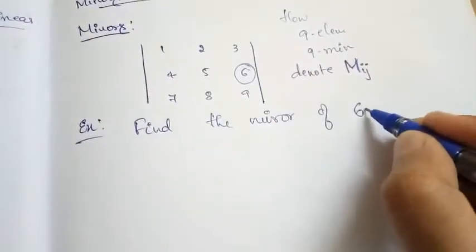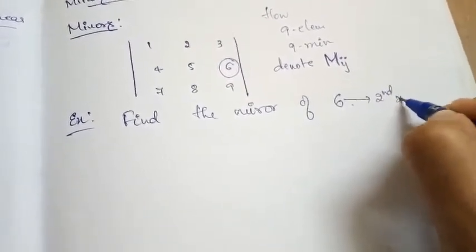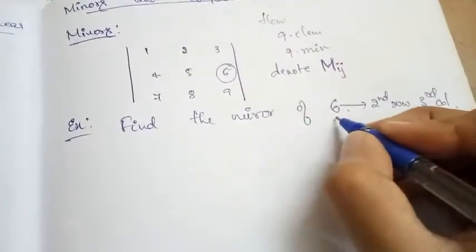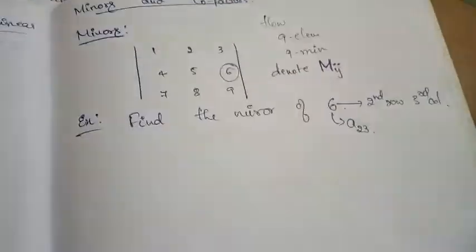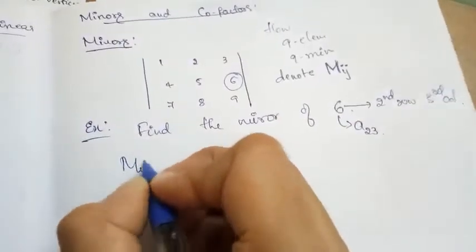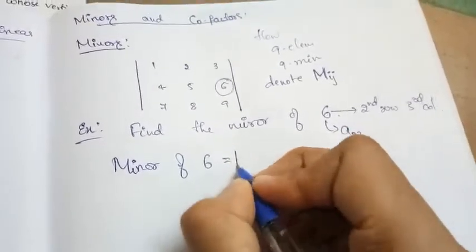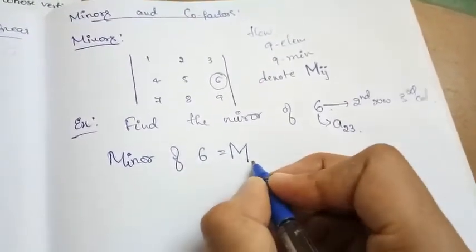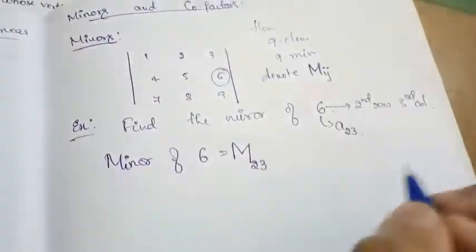This 6 is lying in the second row, third column. That is, 6 is our A23 element. So the minor of 6 is denoted by M23, as it lies in the second row, third column.